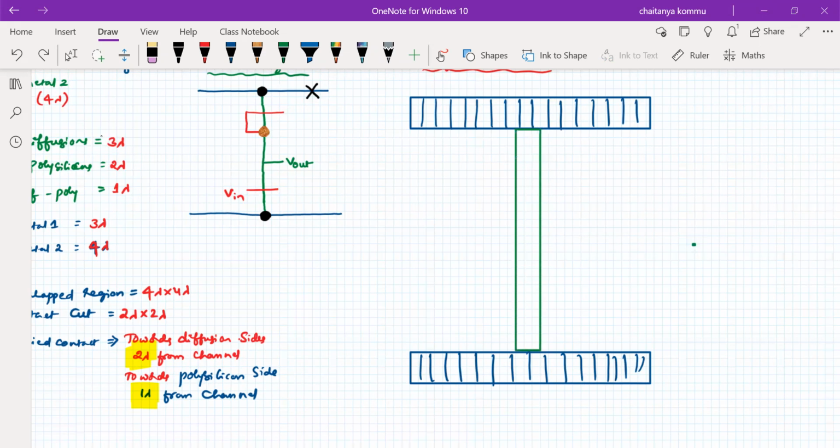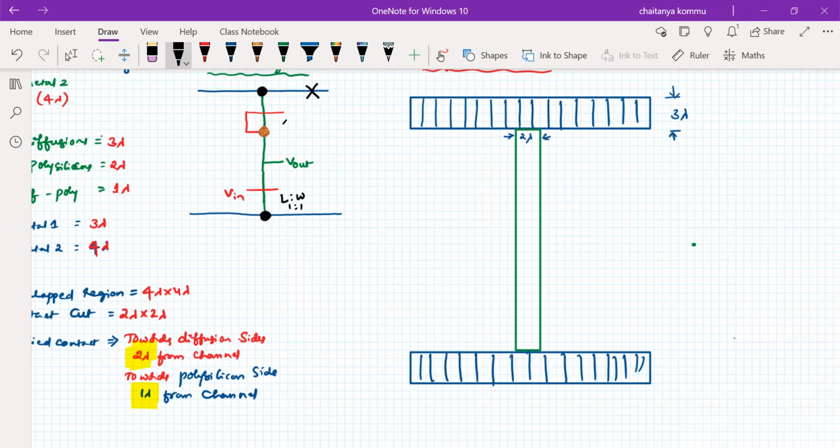So therefore this is actually 2 lambda. By the way, what is the minimum width of this I have considered? It contained 3 lambda. Okay, so what is the minimum width of this material then? For example, I'm writing here, this is actually 2 lambda, minimum 2 lambda I have to maintain. Now it is very important to note that the length to width ratio for this one is 1:1 I have to consider.